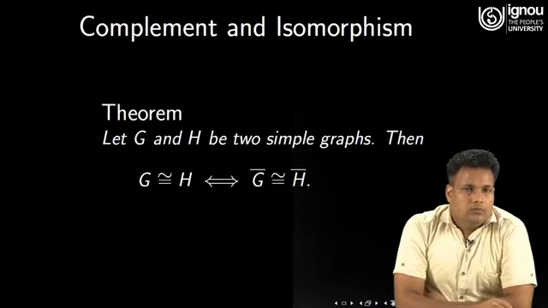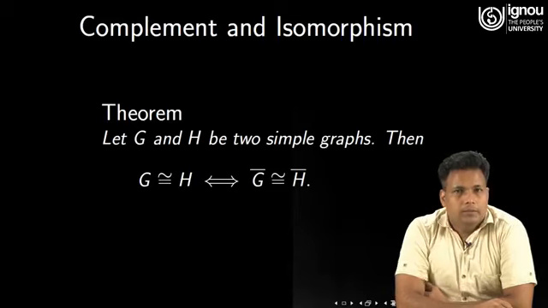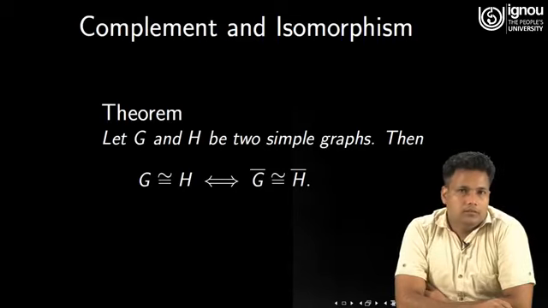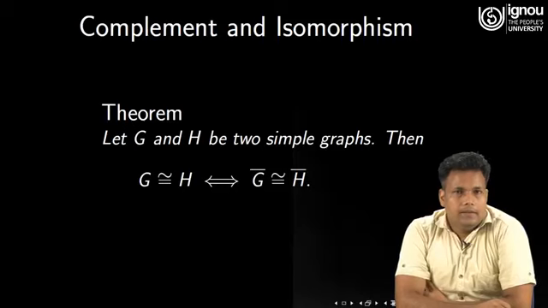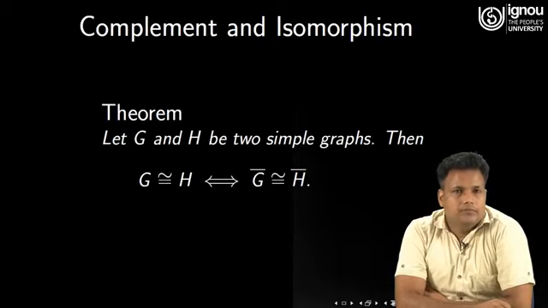Let's now come to the relationship between complement and isomorphism. How is the complement of a graph related to the concept of isomorphism? You know that if two graphs have too many edges, then their complements would have too few edges.